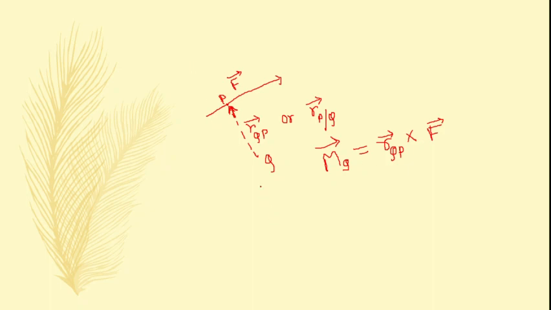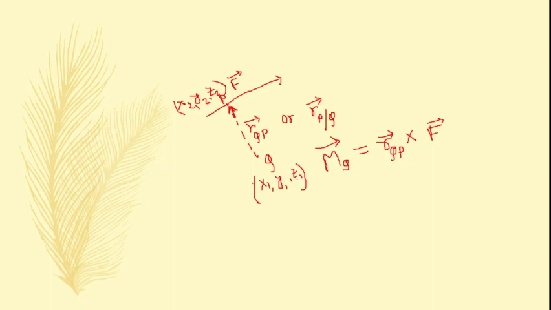If the coordinates of P and Q are known to us, suppose the coordinate of P is x2, y2, z2, and the coordinate of Q is x1, y1, z1, then R QP, that is the position vector of point P with respect to point Q, is x2 minus x1 i plus y2 minus y1 j plus z2 minus z1 k.